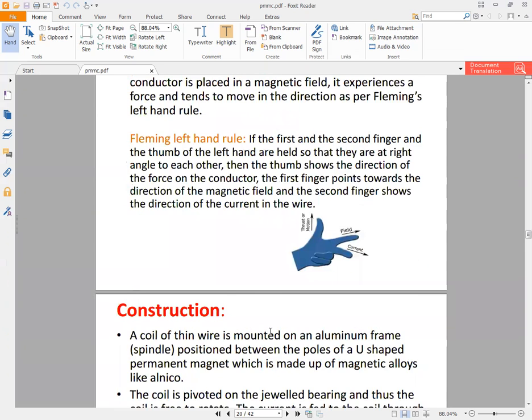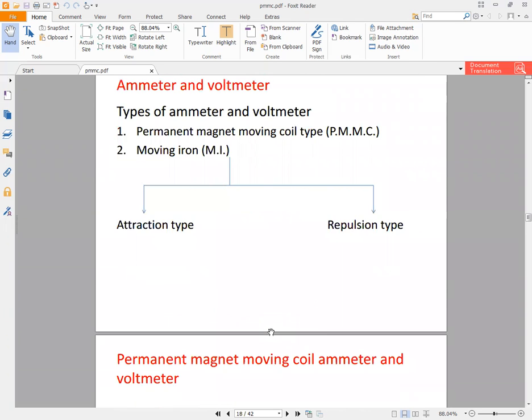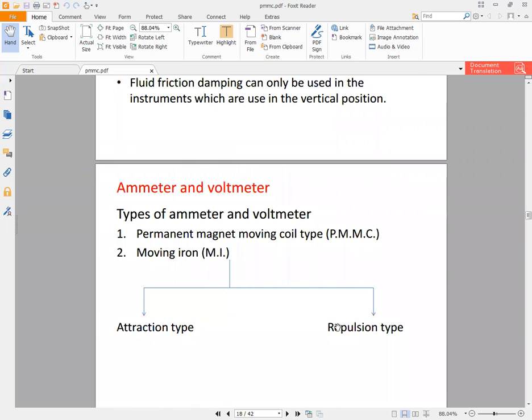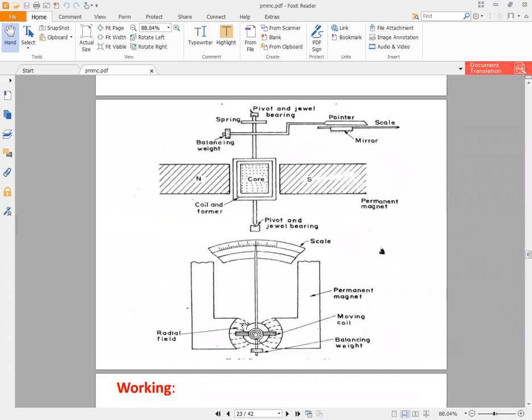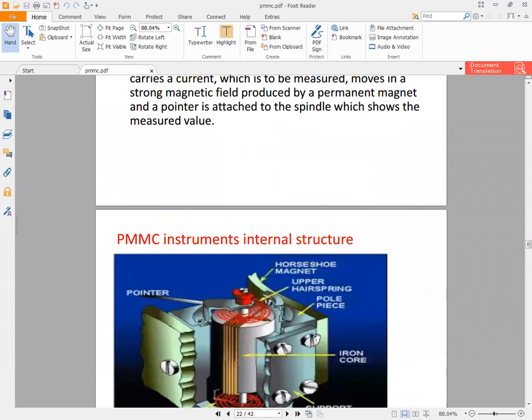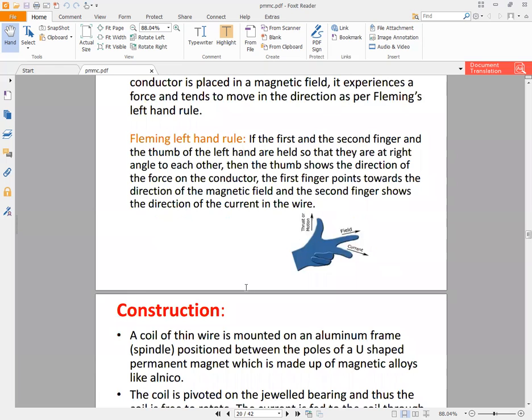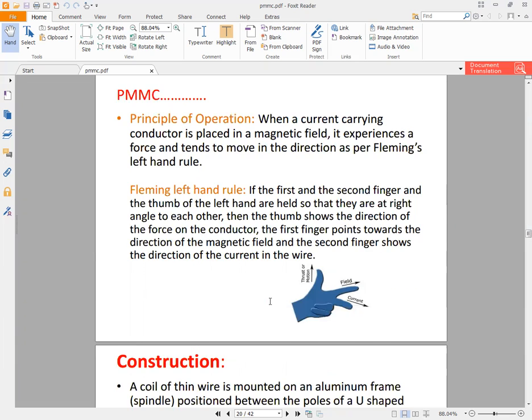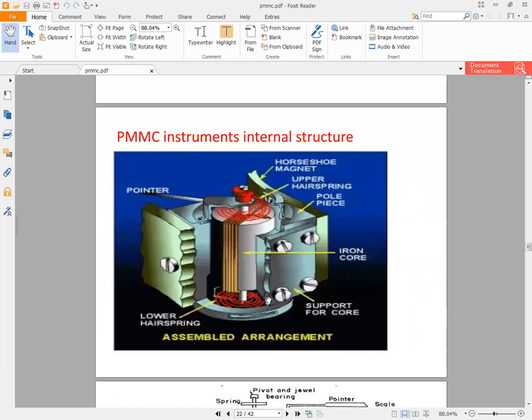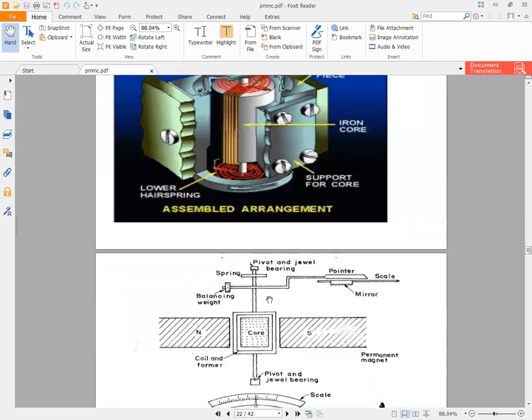PMMC stands for permanent magnet moving coil instrument. So we have covered the construction of the PMMC type instrument. Next is the working. The principle of operation is the magnetic effect, and the direction of force is defined by Fleming's left hand rule. Most important, the scale of this instrument is uniform.